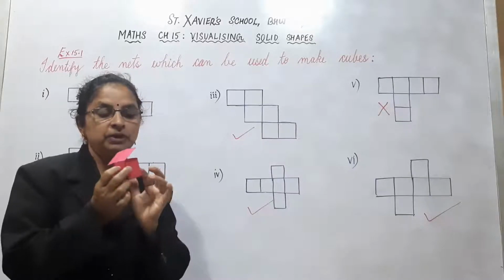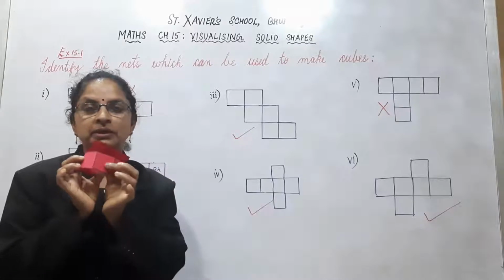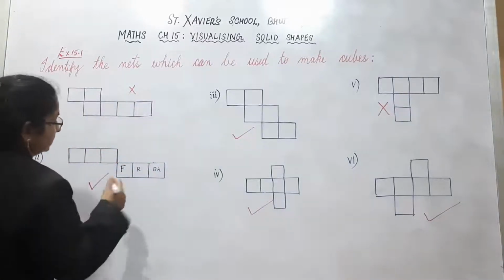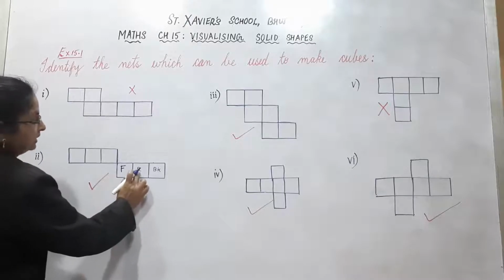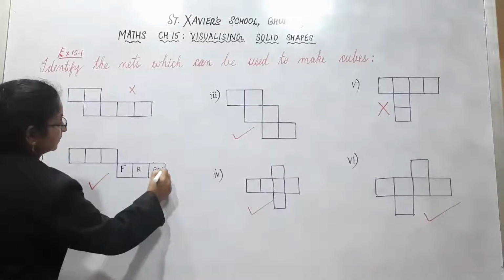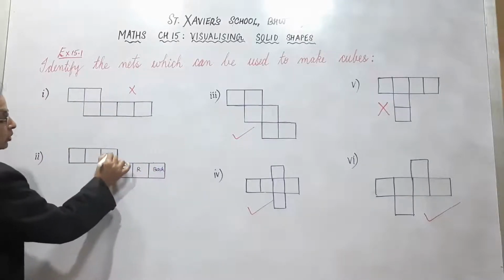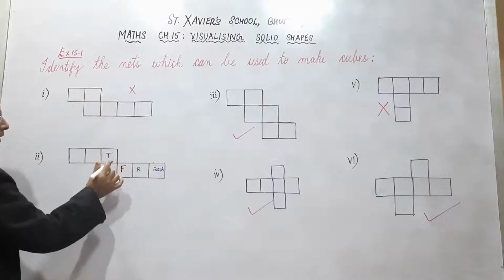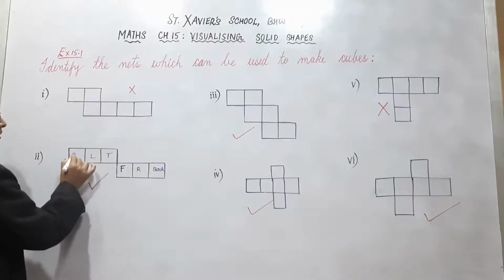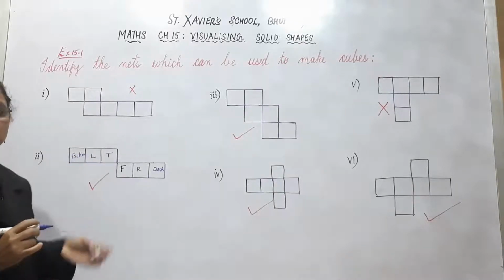Then the third portion will be the back. Exactly opposite the front will be the back. Then when folded to that side, this becomes the top. And this will fold down, that will be the left, and this will be the bottom. So this is a correct net.